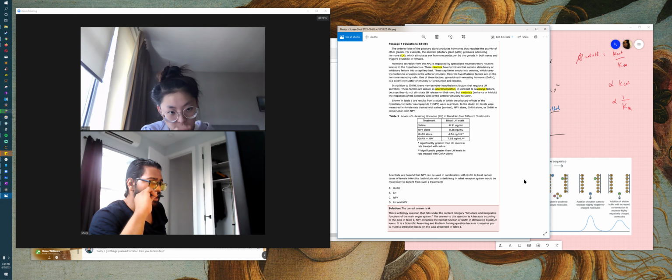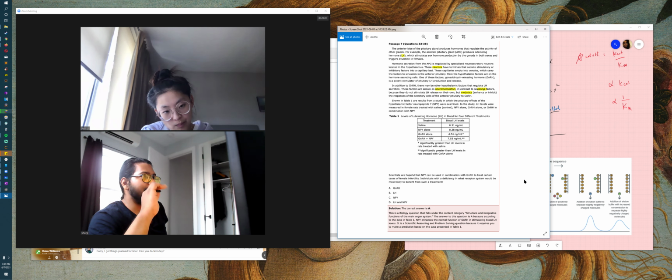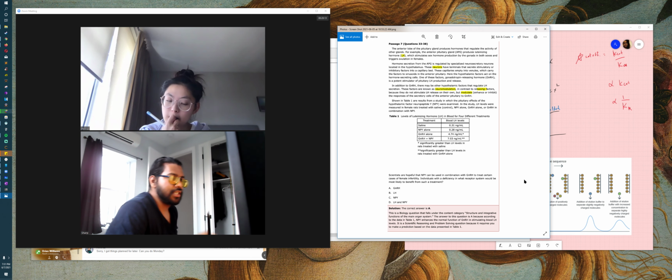So let's see. LH versus GnRH. The deficiency in what receptor system? Receptor system.